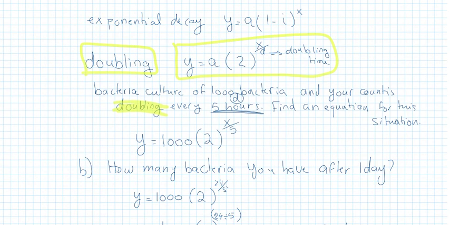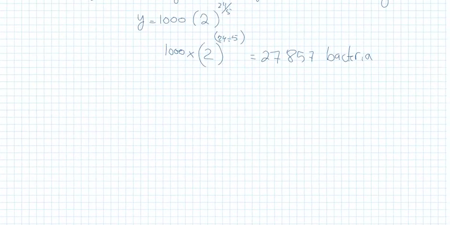So if you want to come up with an equation for the half-life, what do you think the equation would look like? So y equals what? Do you think I'm going to have an initial value? A? Okay. What would be my base for half-life?